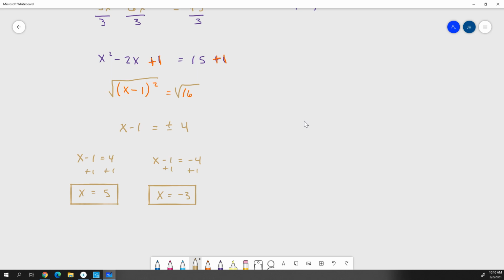Feel good? So we added one more step this time. We had to divide that a term out. And we also had to put it in order before we could even start.